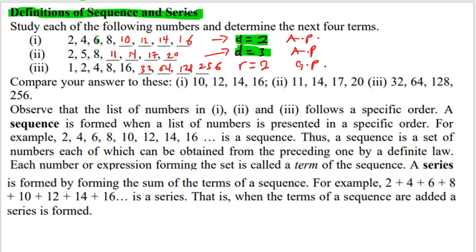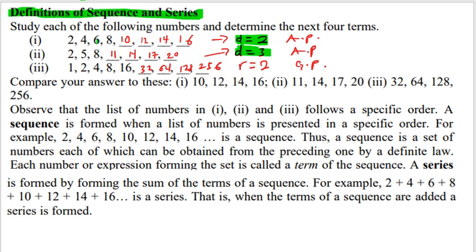Therefore, in this case, we see that the sequence has a common ratio, not a difference. If I also take 32 and divide by 16, I will still get 2. If I pick 64 and divide by 32, I'm going to get 2.